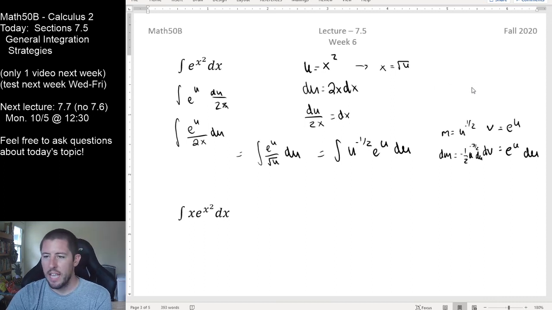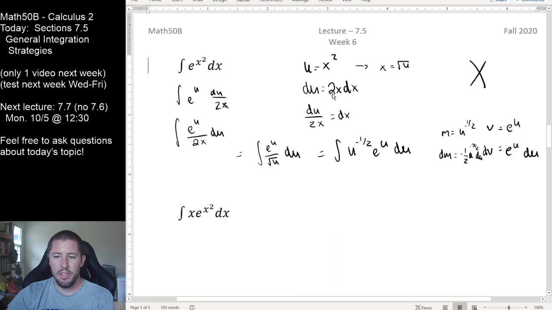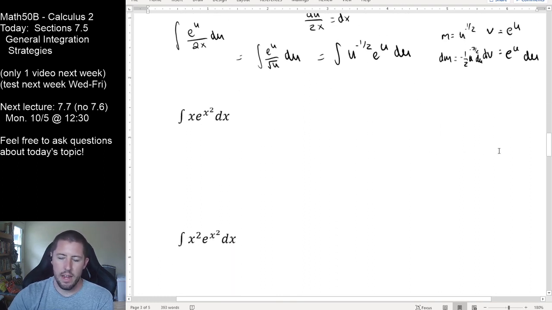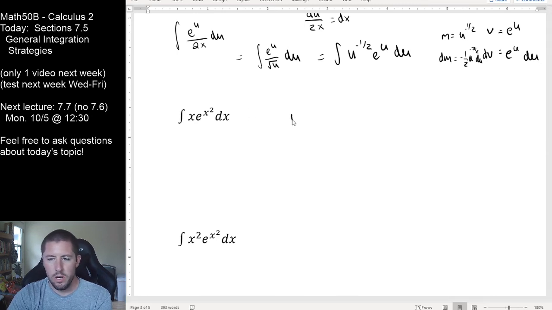I don't think this guy is going to be anything that we're going to be able to actually handle. I really wish that I had this x that was in there, and that's exactly what we see coming up in this one. With this one, this is our much more direct u sub, picking u to be x squared. du equals 2x dx.